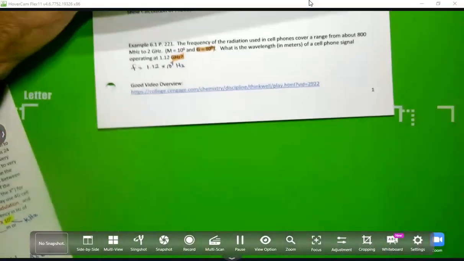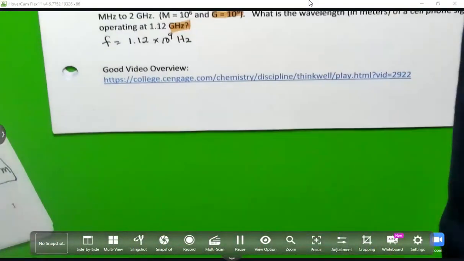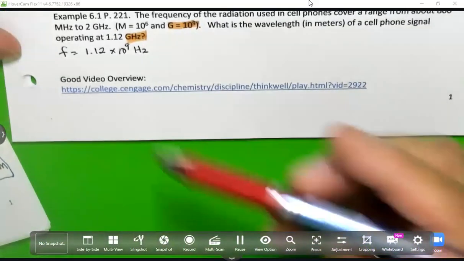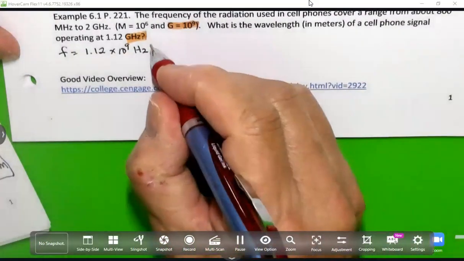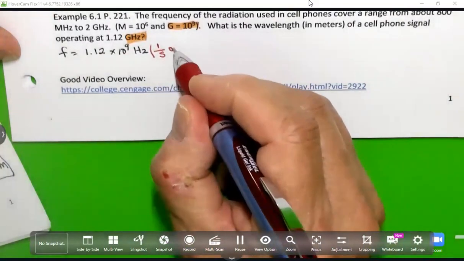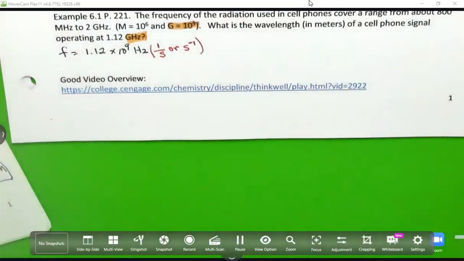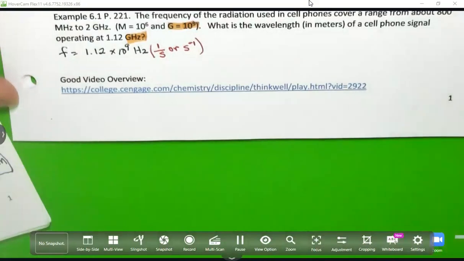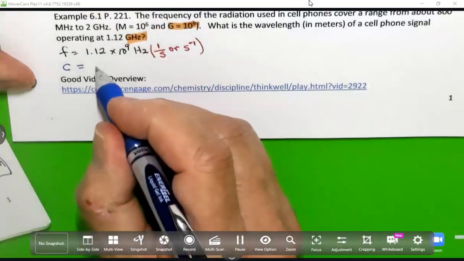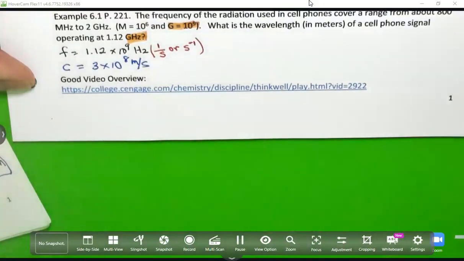If you're not familiar with the unit of hertz, hertz is waves per second, and it's the same as 1/seconds, which you might see written as s to the -1 for frequency. Well, what speed is this going to travel? Of course, these waves are traveling the speed of light, 3 times 10 to the 8th meters per second.